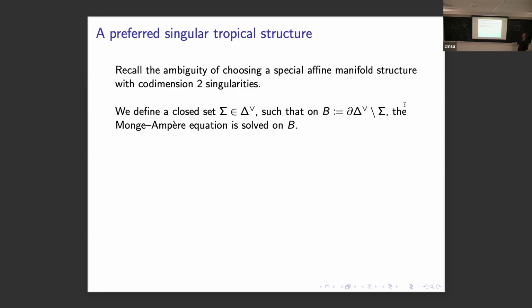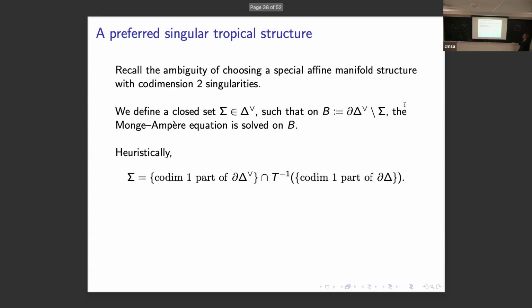We define some closed set so that on the complement, this Monge-Ampère equation is still solved. So this is now outside of these open faces. What is this? Well, heuristically, it's this sort of thing. You look at the codimension 1 part of the boundary of this polytope. And T here is supposed to be the optimal transport map. It doesn't always exist, so this is a little bit heuristic.